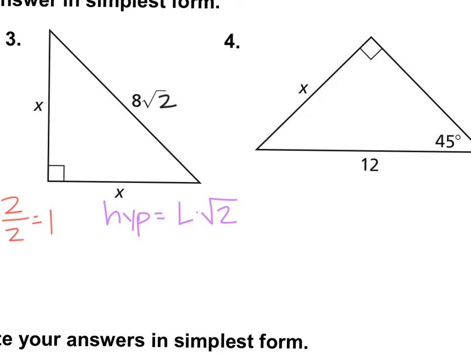Good, the hypotenuse, which is just 8 radical 2. So I can plug in 8 radical 2 for my hypotenuse, and that's going to be equal to my leg times radical 2. So I'm trying to find that leg. What would I do on the right side of my equation to try and get that leg length?